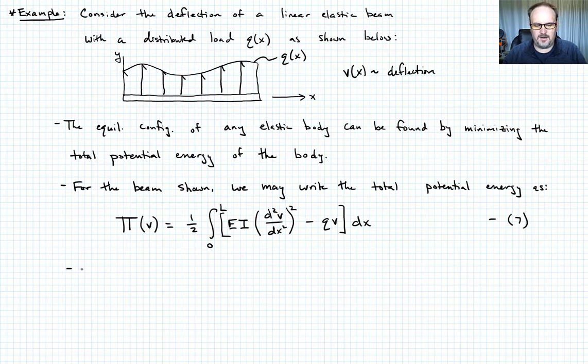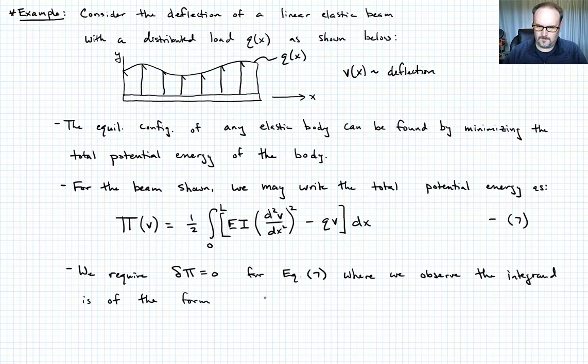Well, we require delta pi to equal 0 for equation 7, where we're going to observe that the integrand of equation 7 is of the following form. F is equal to some function of, in this case, V and V double prime. I don't see a V prime in there, or an X explicitly in there. So we have a functional that's of this higher order form that we just talked about.